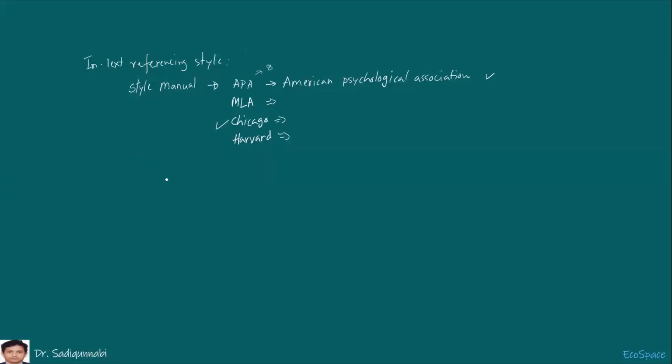In the in-text referencing, suppose you have a paper written by 2 persons, suppose John Michael and suppose Milton, maybe Friedman. Okay, they have written a paper in 2015.